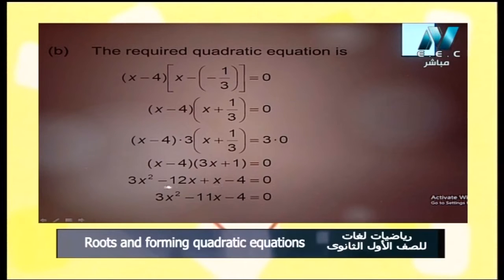And we add these two like terms. Now we have negative 12x and x, their sum equals negative 11x. So the quadratic equation resulted is 3x power 2 minus 11x minus 4 equals 0.